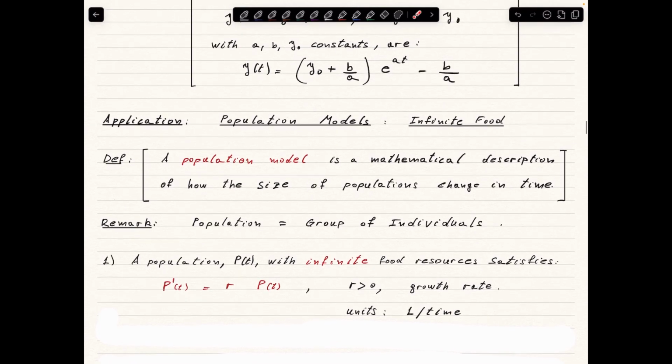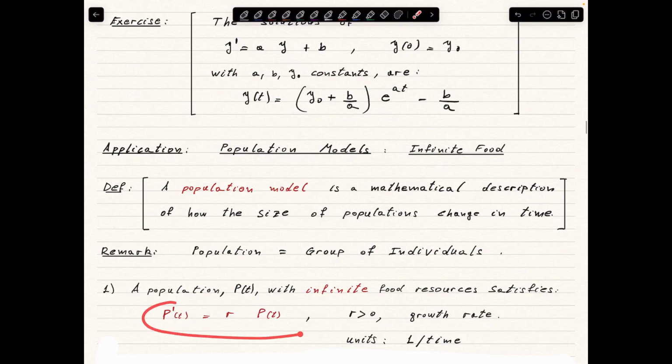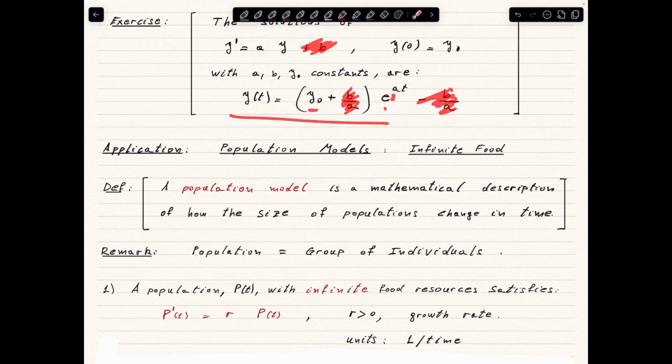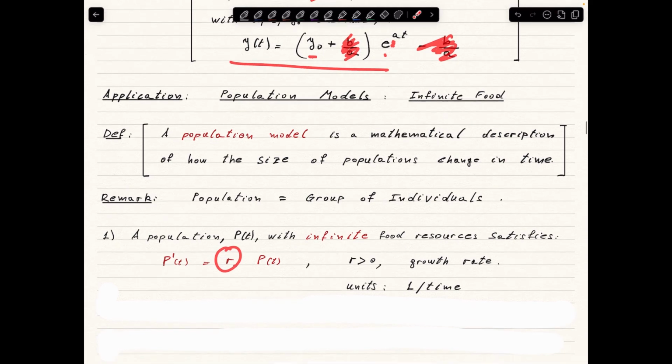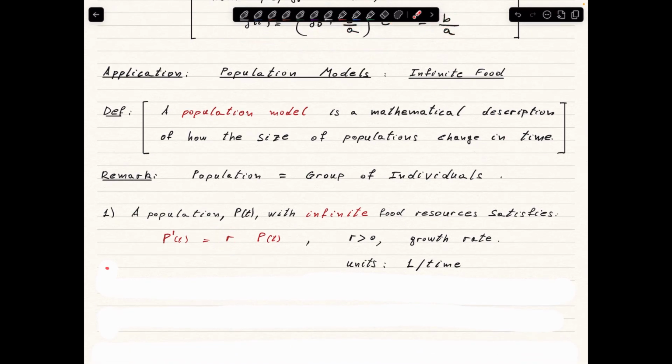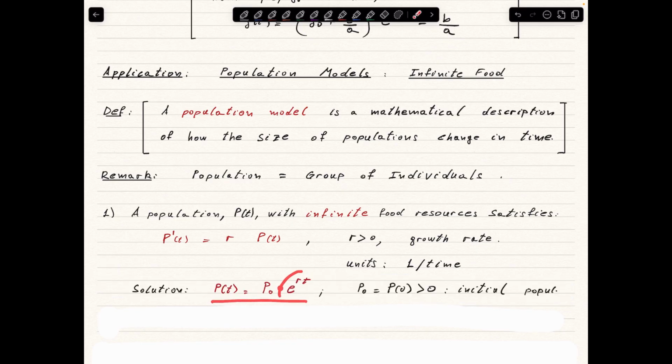Now, this equation is a particular case of this equation that we have solved. It is the case b equals 0. So we need to erase b from our solution. And the solution is going to be the initial condition times an exponential with this coefficient here. We don't need to solve it because we have solved this equation for all the interesting cases, and we know the solution is an exponential where the exponent has this coefficient.